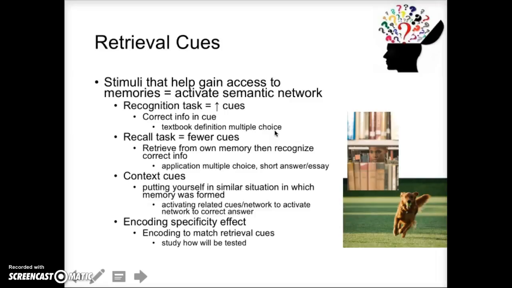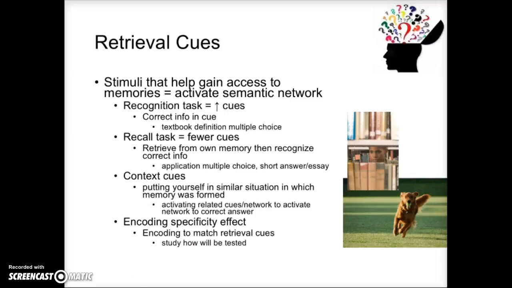But if you're taking a class like this one that tests you with recall, you're going to want to study through application and writing things in your own words and thinking of your own examples and pictures, because that's going to match your retrieval cues much more closely.